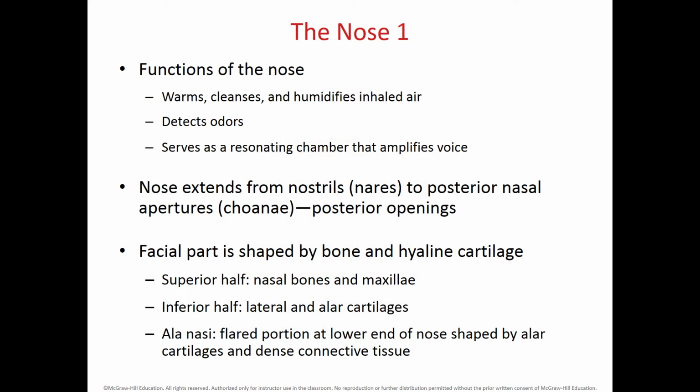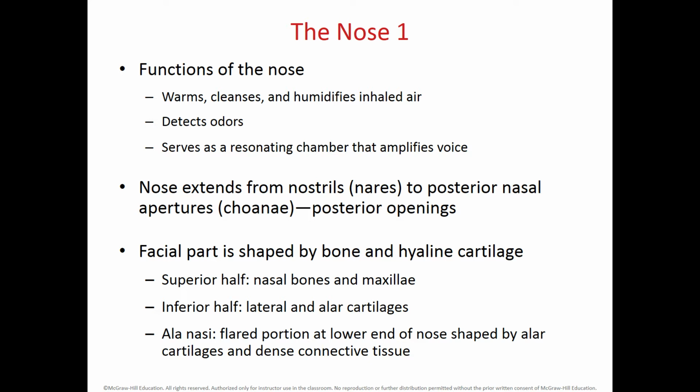Let's talk about the first structure of the respiratory system, the nose. The functions of the nose will be to warm, clean, and humidify the air that we inhale, and also help us to detect odors and act as a resonance chamber, so we can amplify our voice.